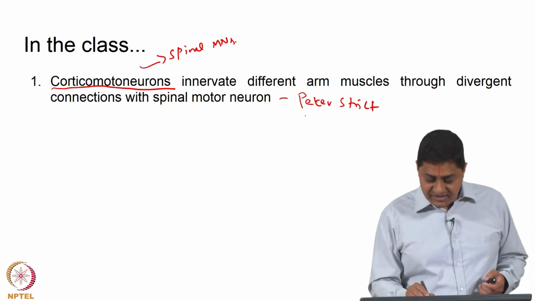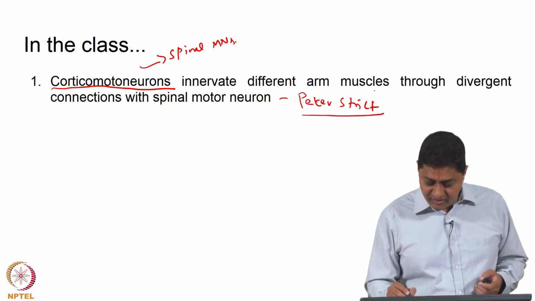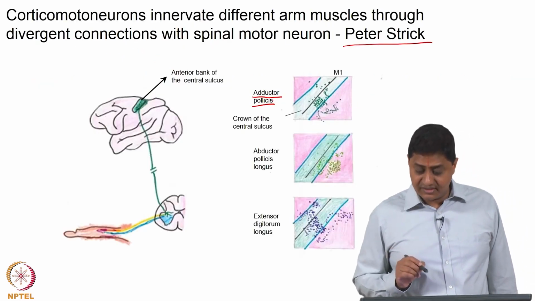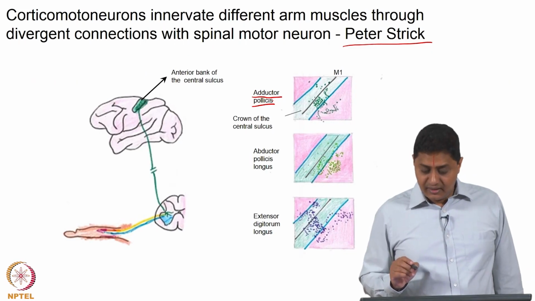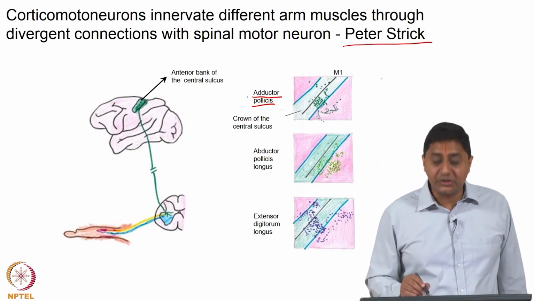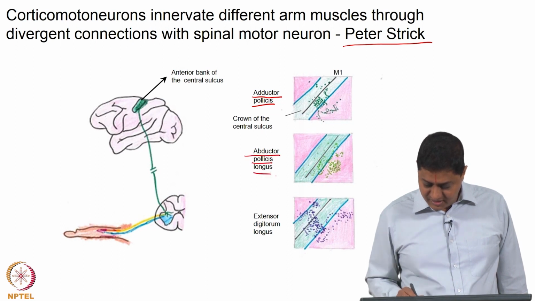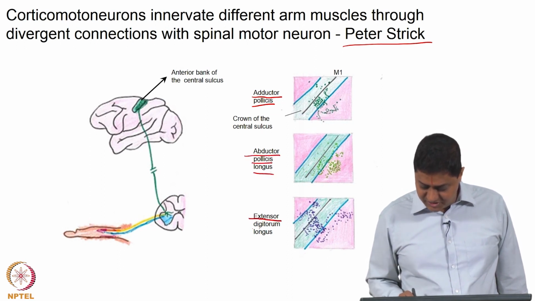So, here we will discuss the work of Peter Strick. What is shown is the set of neurons that innervate the muscle adductor pollicis. Here in this picture abductor pollicis longus, and here in this picture extensor digitorum longus.